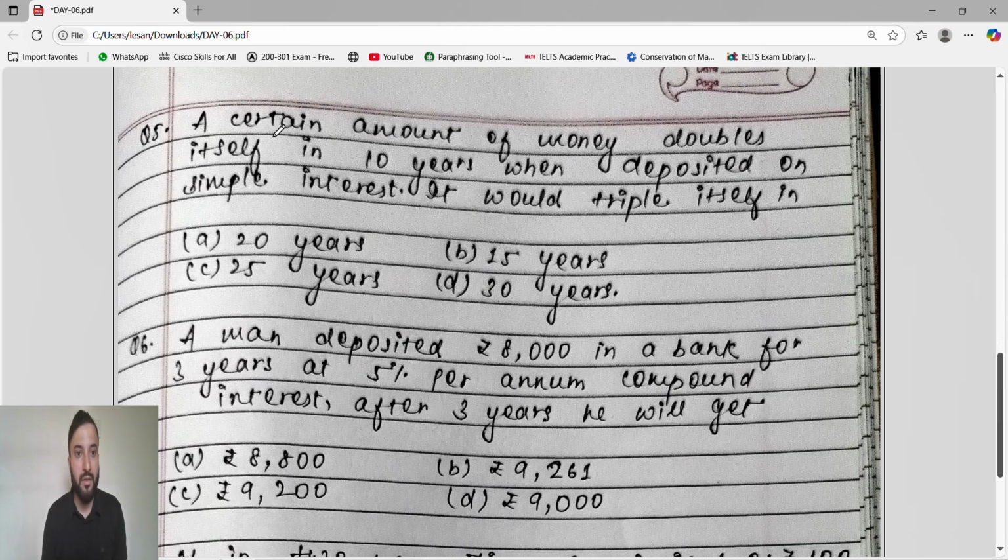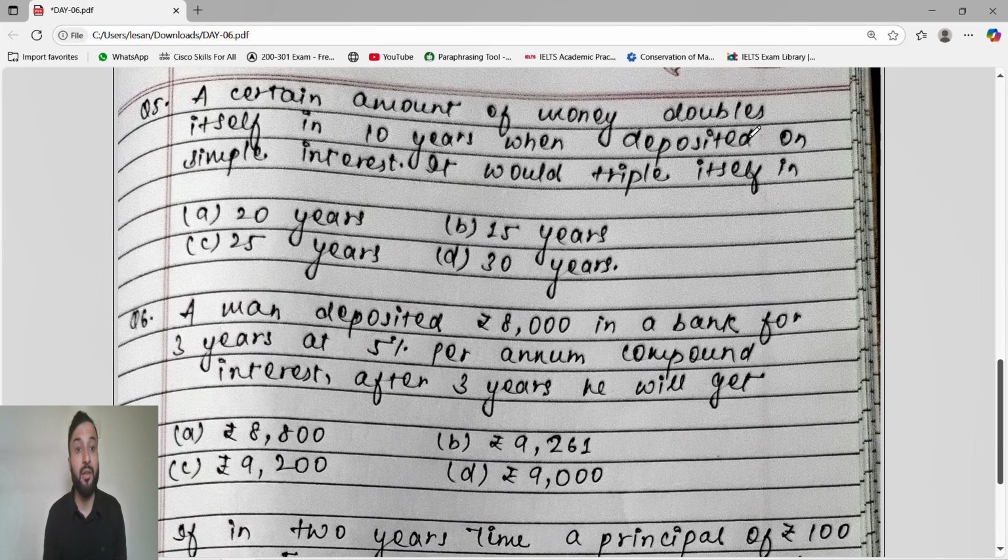Next, a certain amount of money doubles. Very important. A certain amount of money, I will take it as the principal, doubles itself in 10 years when deposited on simple interest.